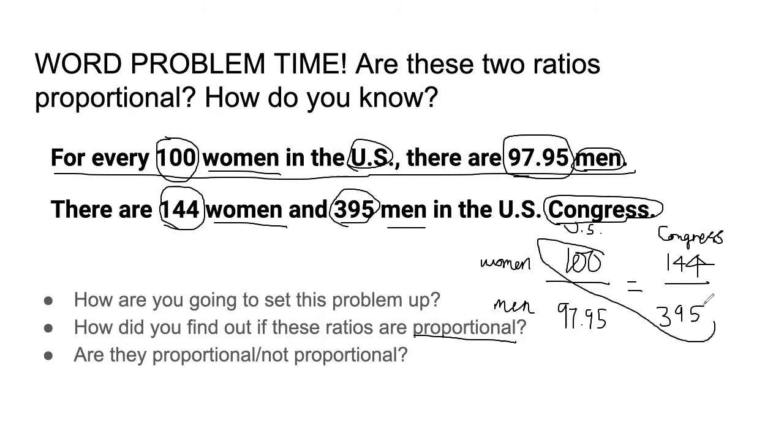100 times 395. All I got to do is 395 times 1, which is 395, add 2 zeros. So the answer here is 39,500. Then right here, we got 144 times 97.95. I'm going to use my calculator for this.